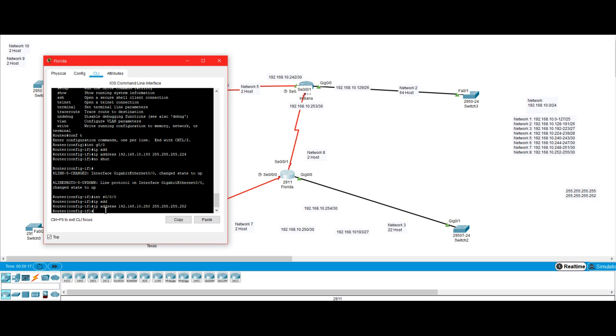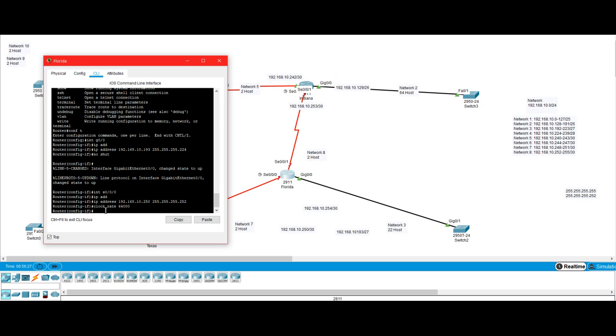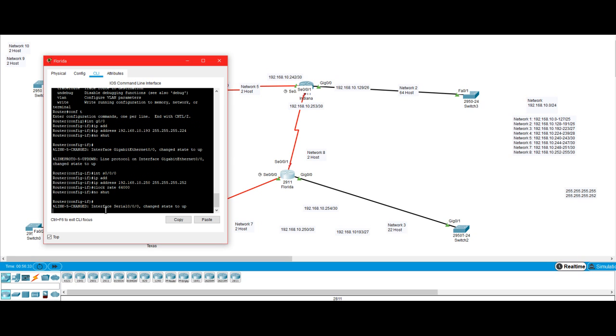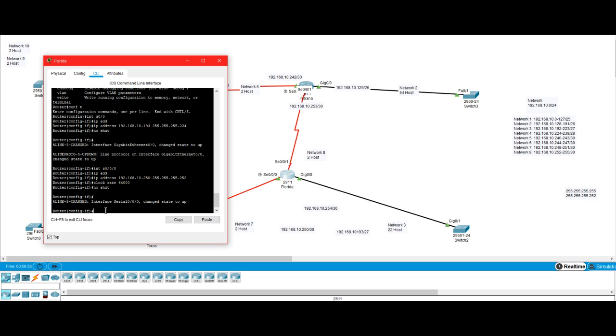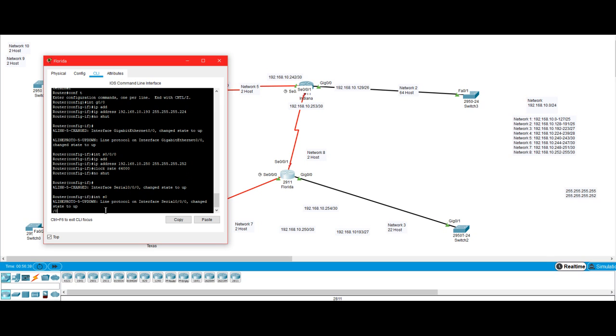And then because of the clock, we have to set the clock rate, and that clock rate is going to be 64000, the $64,000 question, and then again, whoops, no shut. All right, and that link is up and running, and now we're going to do interface 0/0/, whoops.